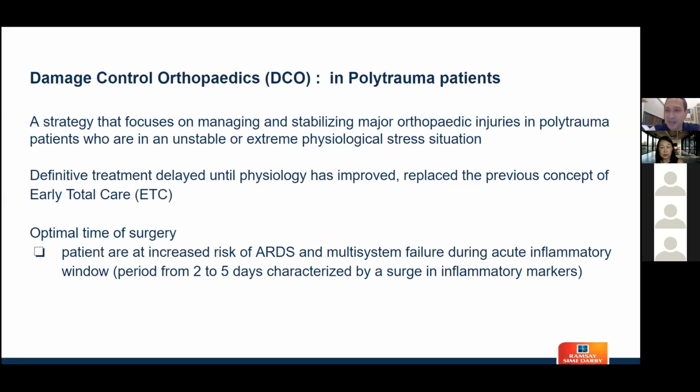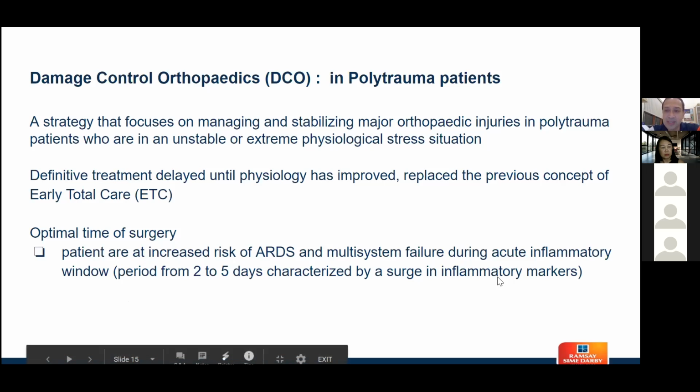And then they started figuring out why were people doing so poorly, despite being treated urgently, immediately for everything. So what was found is that patients are actually at risk of developing ARDS, acute respiratory distress syndrome, and multi-organ system failure during an acute inflammatory window, which actually occurs from the period of the 2nd to 5th day.